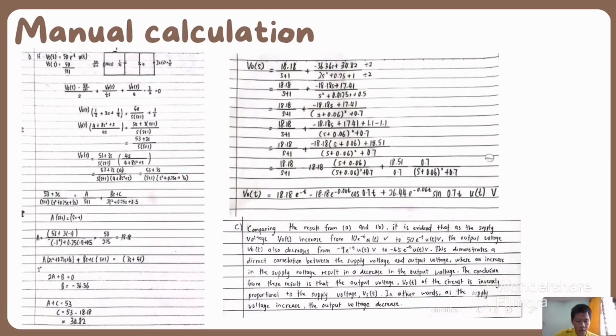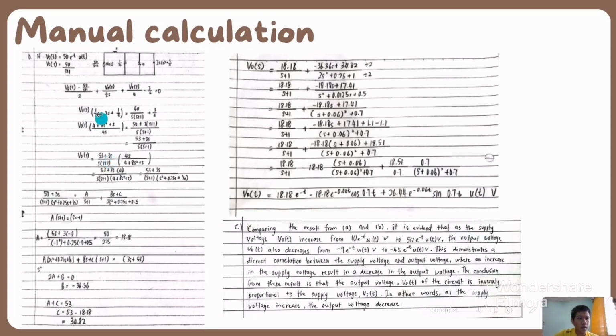Okay, next for question B: if Vs equals 50 e to the power negative t u(t) volts, determine the V naught t in the circuit. So we also use the KVL, but we change the value of Vs to 50 e to the power negative t u(t) volts, which is where we get the equivalent circuit for the new Vs, which is 50 over S plus 1.